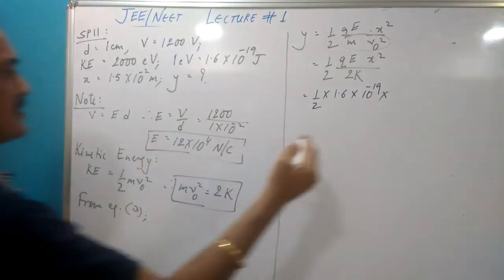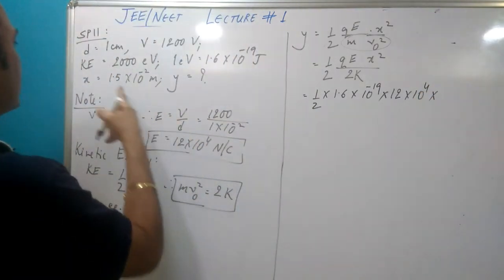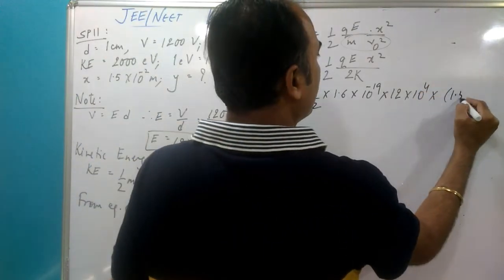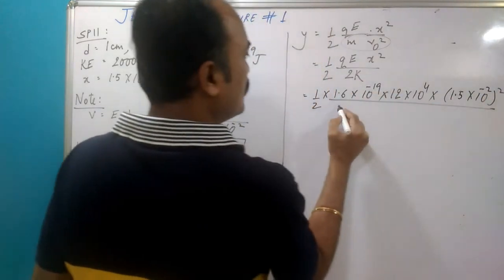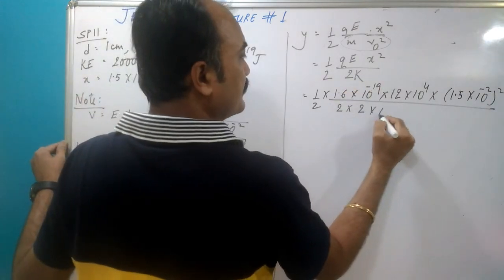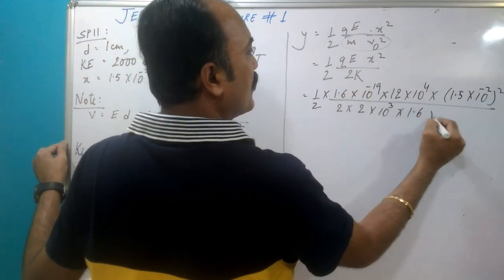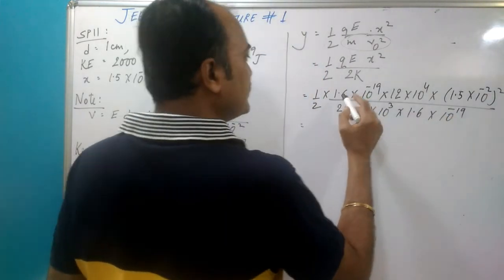The electric field is 12 into 10 raised to 4. We have been given X, 1.5 into 10 raised to minus 2 squared, and twice kinetic energy, 2000 into EV, 1.6 into 10 raised to minus 19. Looks easy peasy.